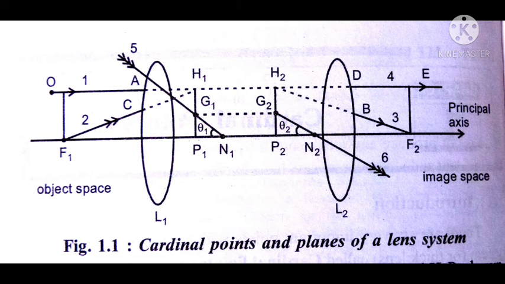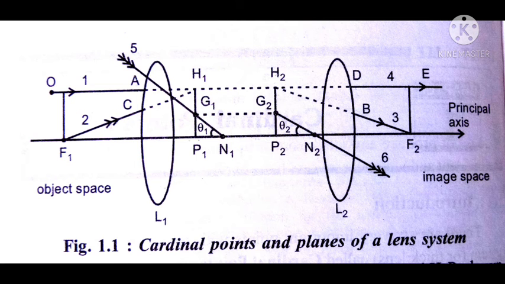Now see here the ray diagram, cardinal points and planes of a lens system. I will explain first of all the diagram. Ray diagram consists of L1 and L2. These are the two lenses separated by some distance.